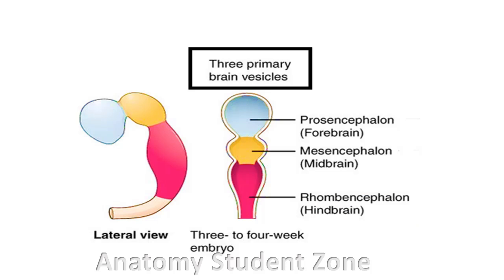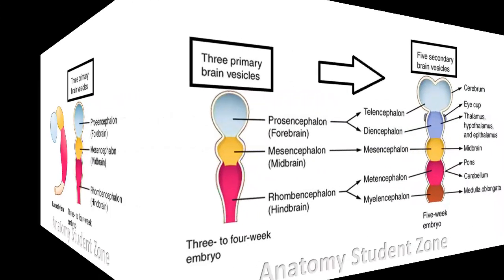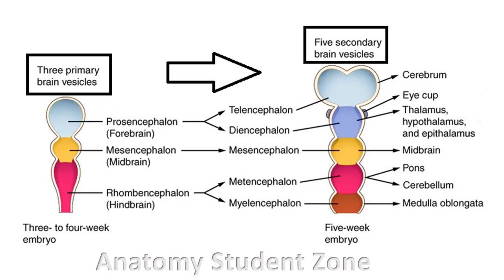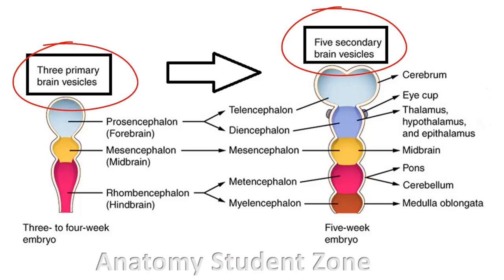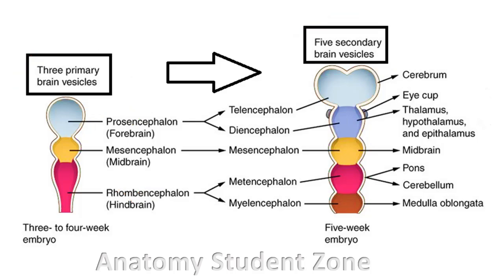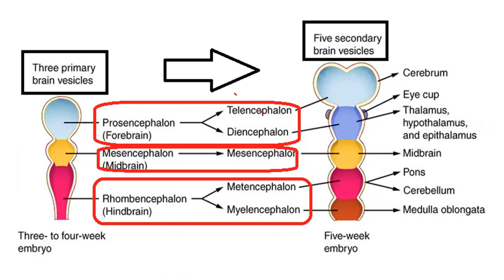Now what happens in later stages of development? These three primary brain vesicles change into a five vesicle stage. The forebrain and the hindbrain separate into two while the midbrain remains as such. So the forebrain separates into diencephalon and telencephalon.